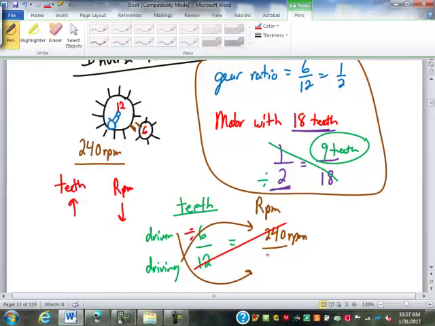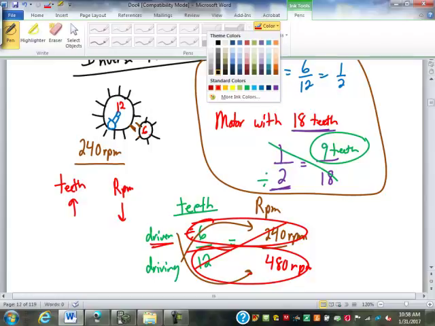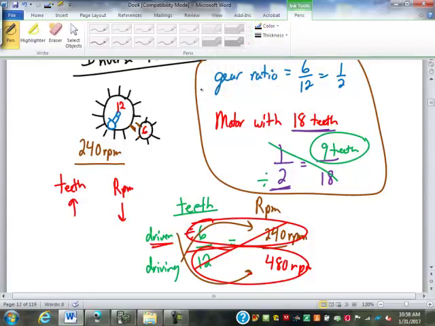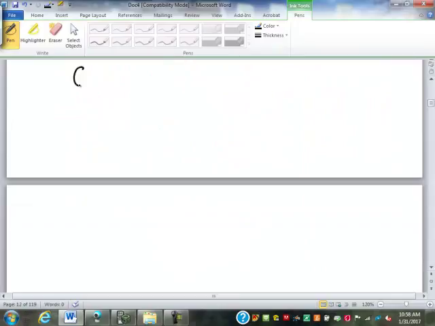This is going to be 480 RPM. Remember, that's the RPM that goes to the driven gear, the other gear, the 6-tooth gear. To me, that's confusing because the whole point of proportions is to make this match up with that and this match up with that. Right? That's what we've always talked about. An inverse relationship, rather than being dealt with in a proportion, I think is easier dealt with as a constant product.